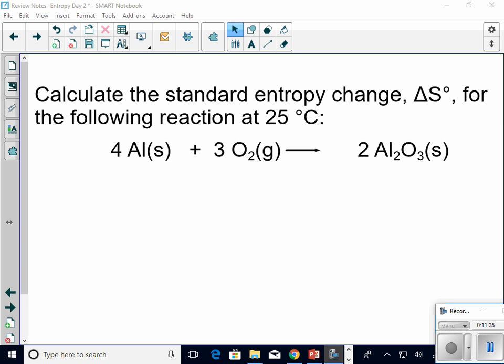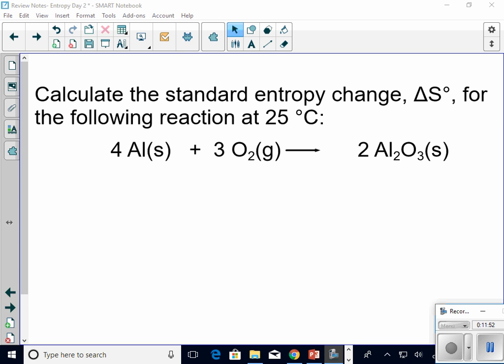Now, does what state it is in matter? Absolutely. Because if you look at your data table, they have solids, they have liquids, they have gases. So the state matters.